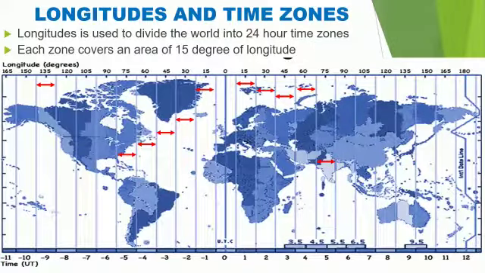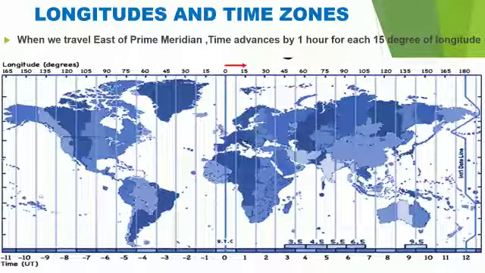Coming to our next topic, longitudes and time zone. Students, as you all know that longitudes are vertical lines which divide the world into 24 hours time zone. Each zone covers an area of 15 degrees of longitude. It is shown in the figure by using red colored arrows.